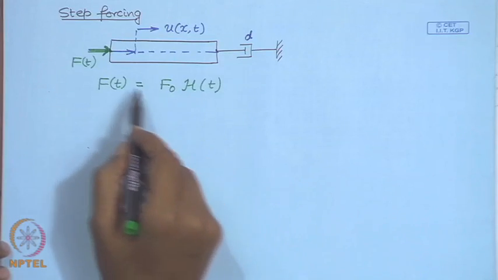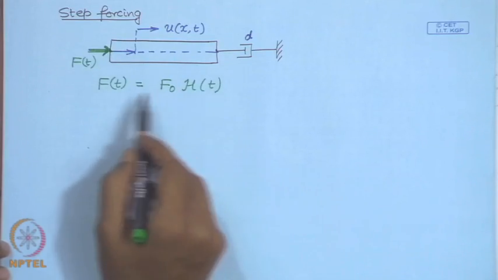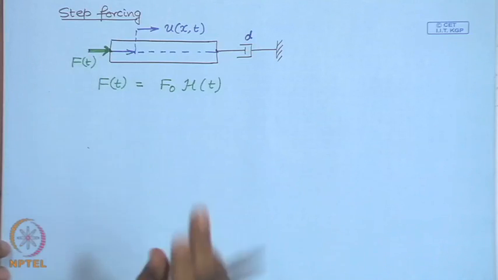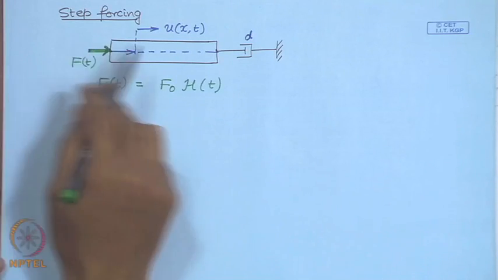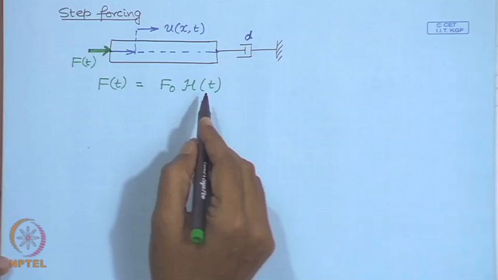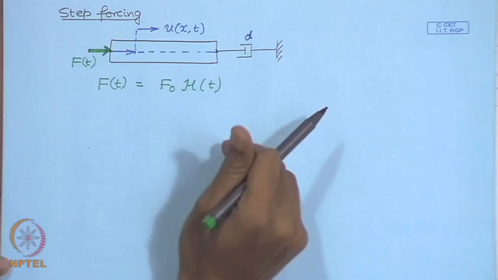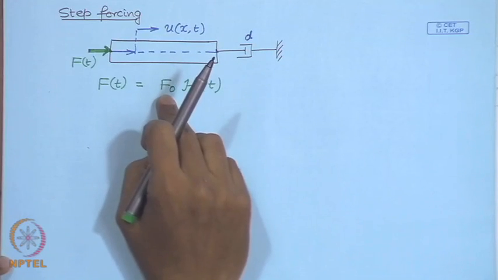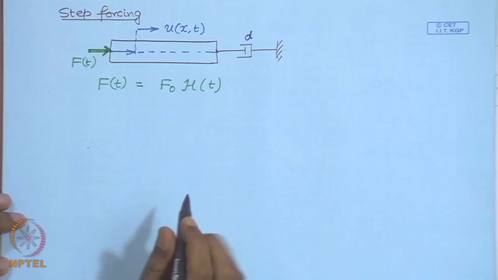This is the Heaviside step. So, it is a unit step function. You suddenly switch on a constant force at time t equal to 0. So, at time t equal to 0 you switch on a constant force like this.